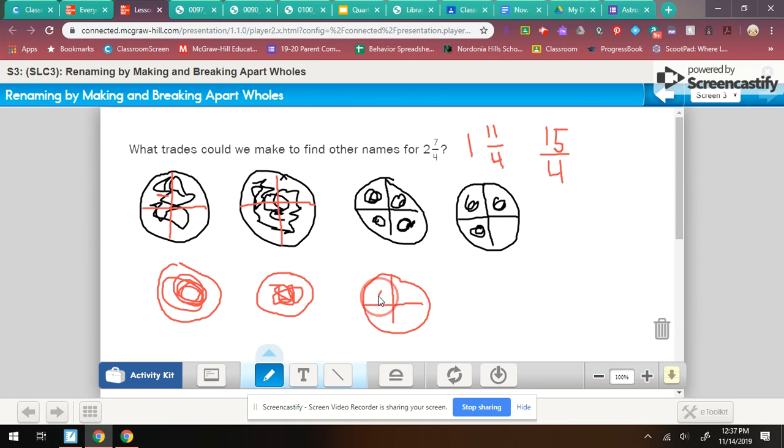So I'm drawing what I have to start. Those, I have all of those pieces. And I would fill them in neater if it was easier to do on the Chromebook. Again, I have 2 and 7/4. Now up here, when I first did it, I traded 1 whole for 4 pieces. And then I traded another whole for 4 pieces.